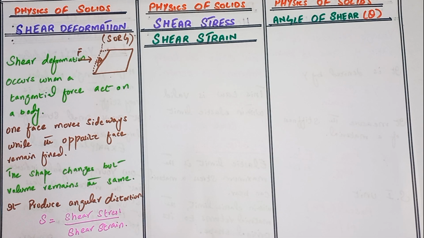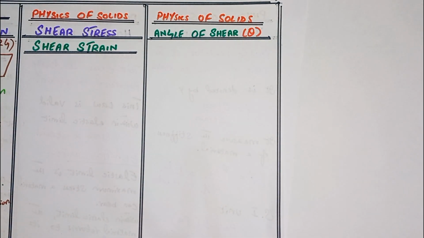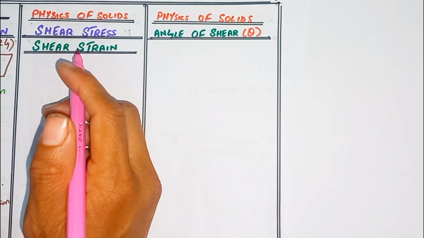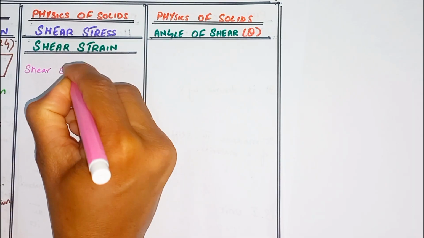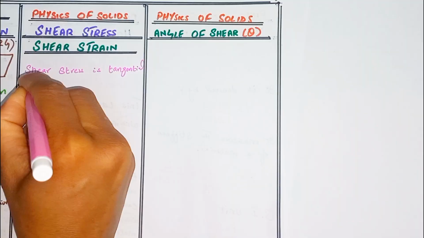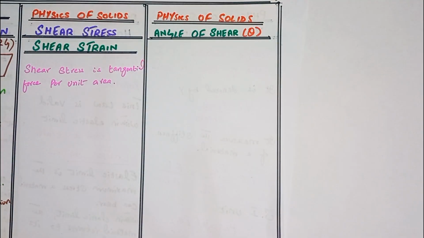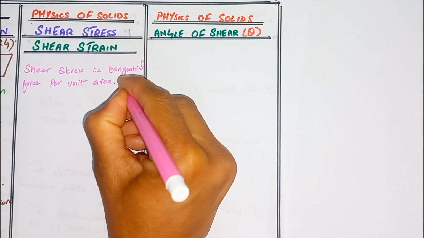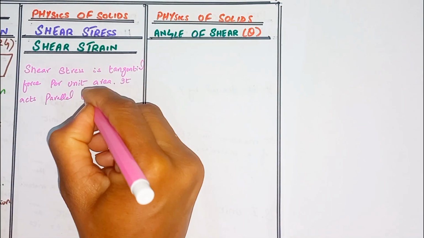First, we discuss what the shear stress is. Shear stress is basically the tangential force per unit area, and it acts parallel to the surface.